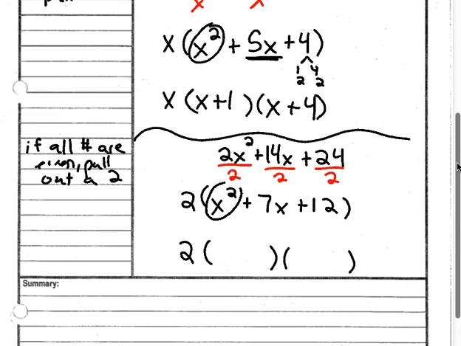So to get that x squared, I'm going to get an x and an x. The 12 is 1 and 12, 2 and 6, or 3 and 4. And in order to get that 7x in the middle, we're going to want the 3 and the 4 because it multiplies to 12 and then it combines to give us that 7x.